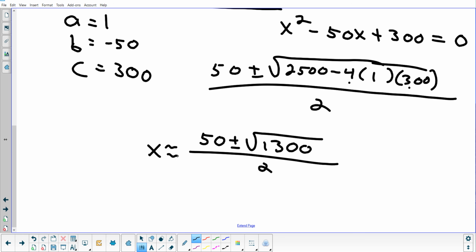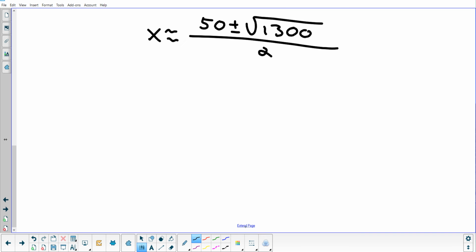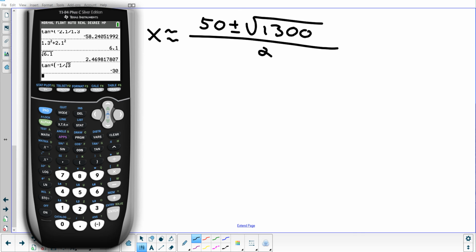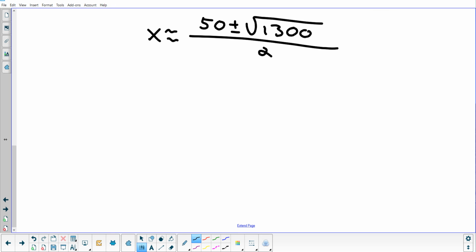And I'm going to write it as a decimal just so I can show you how to do that. So if they asked you for a decimal, you just type it in. 50 plus the square root of 1300, and then divide that by 2. So we get 43.03.